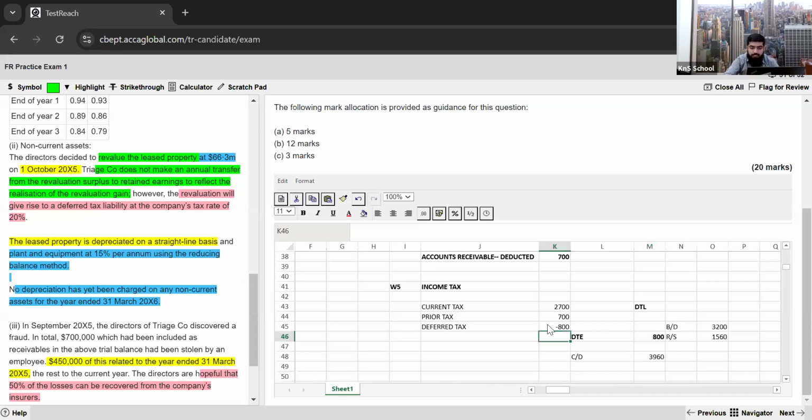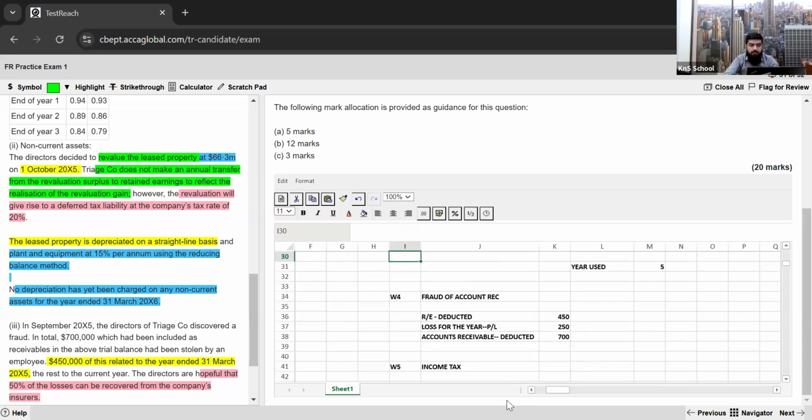So we will have a minus sign for this, that is minus 800, and then we sum it to calculate the total income tax expense that should be reported in P&L. That is 2,600.